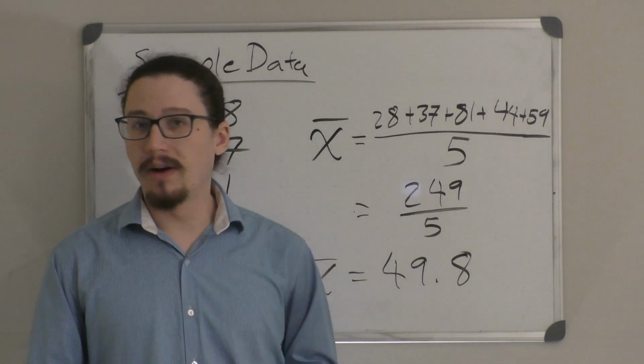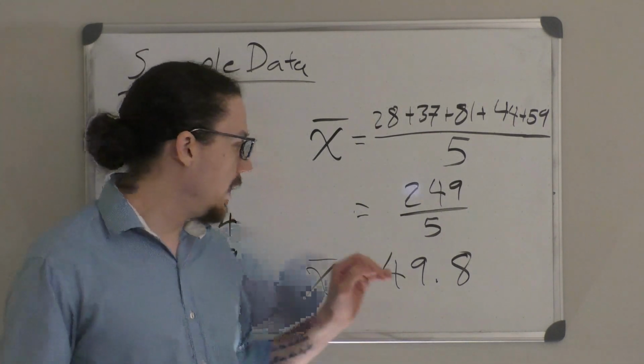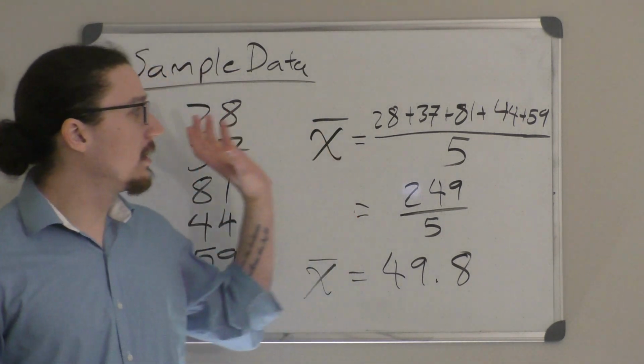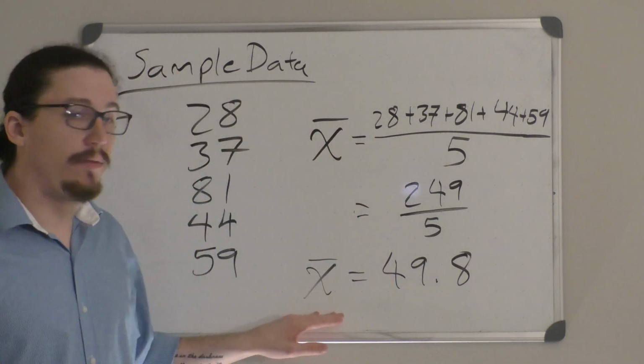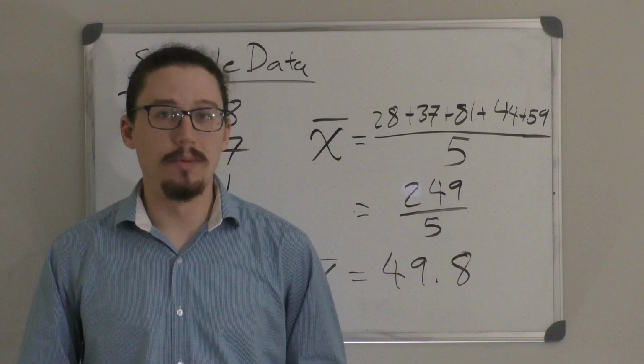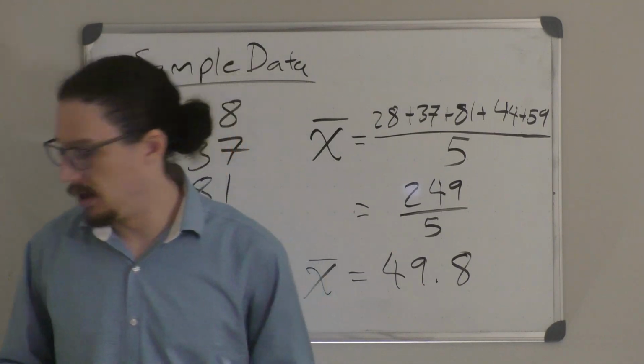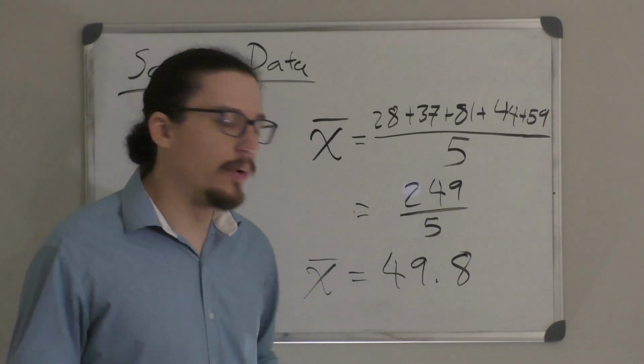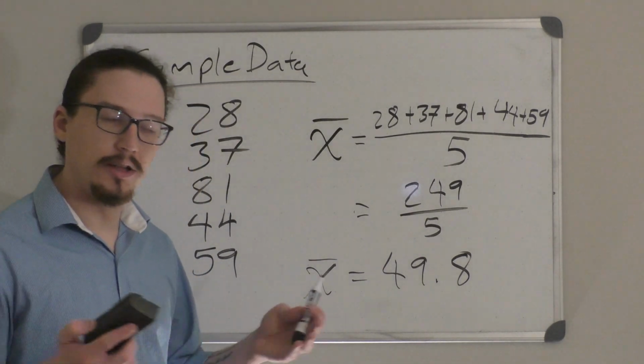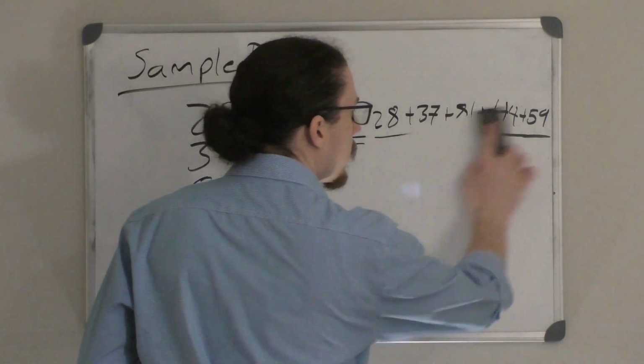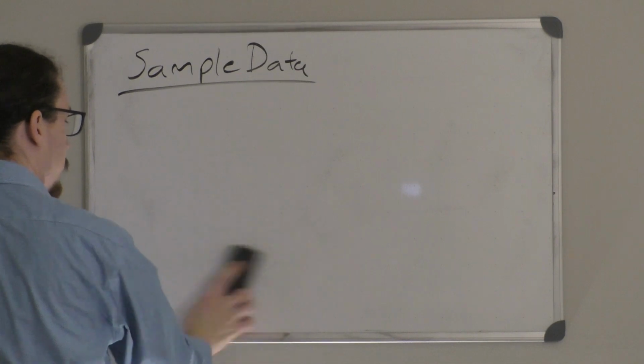So again, relatively simple, but very useful. We're going to be seeing the sample mean a lot. We're going to be seeing the arithmetic mean a lot. Specifically, we're going to be looking at the sample mean more so than the population mean. We're not going to get into why right now, but it will become clear later in this semester.